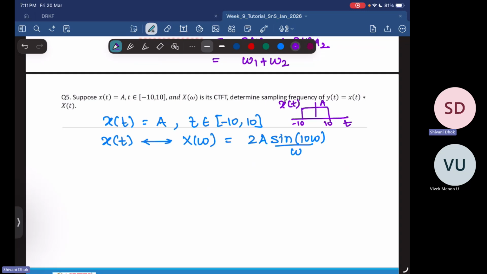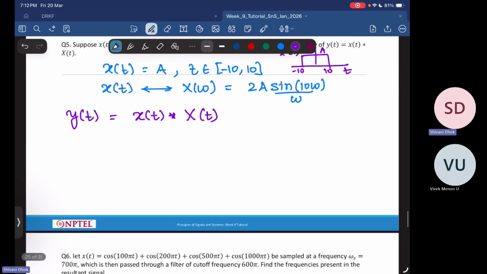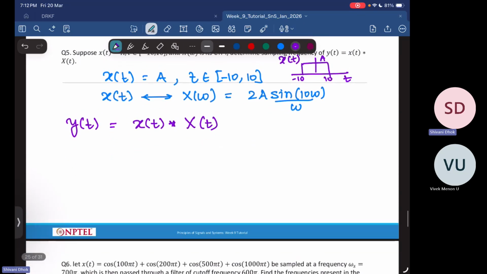It looks something like this. Then it said that you have y of t equal to x of t convolved with capital X of t, and you want to find the Nyquist frequency, or the minimum sampling frequency, of your signal y of t. Then you will have y of omega equal to the Fourier transform of x of t times the Fourier transform of capital X of t.